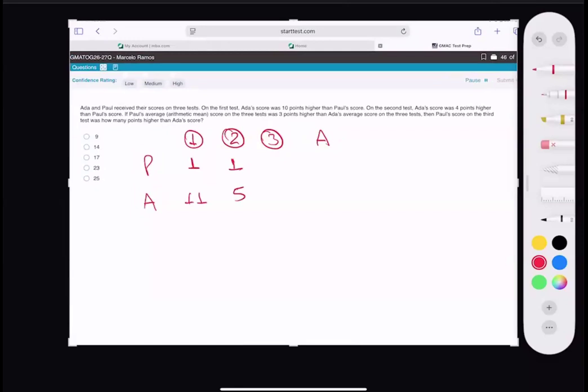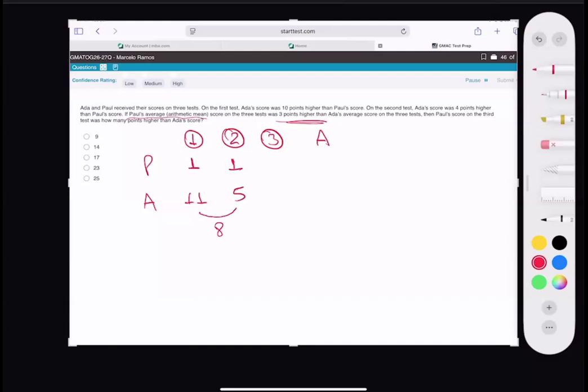Then if Paul's average is 3 points higher, okay, I will take the average from Ada. The average from Ada here is 8. Do you guys agree?